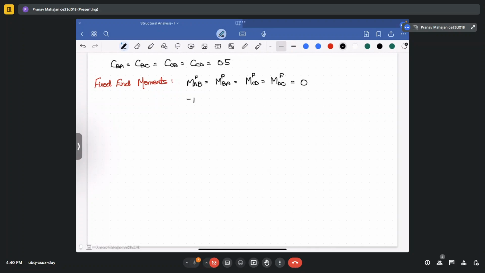And MBC and MCB will be equal to 62.5 kilonewton meter. Now we have calculated all the distribution factors and fixed end moments. Now we make the table and try to calculate the end moment values.